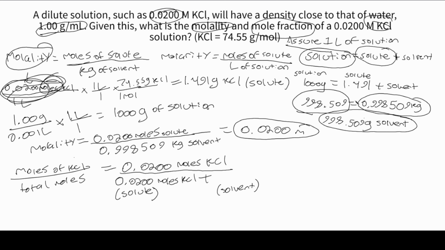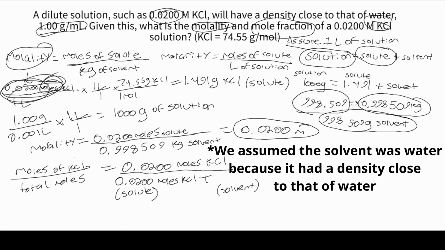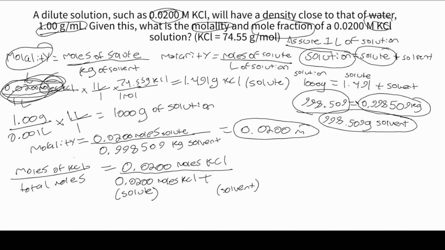So how do we convert this amount of grams of solvent into the moles of solvent? Well, we have to create another assumption, and that is that we are dissolving in water, and therefore our solvent would be water. So we're going to assume that our water is our solvent.